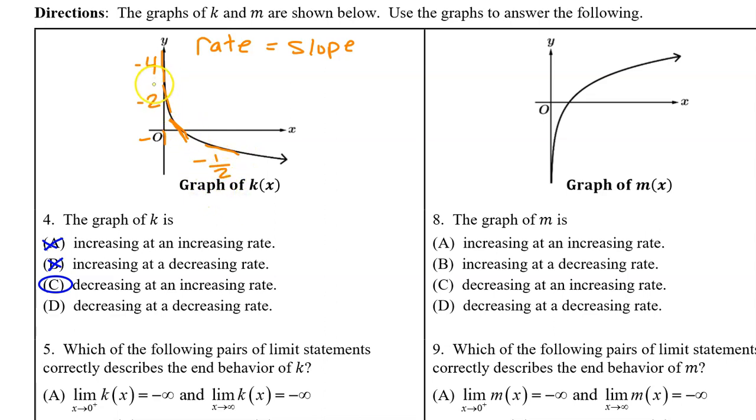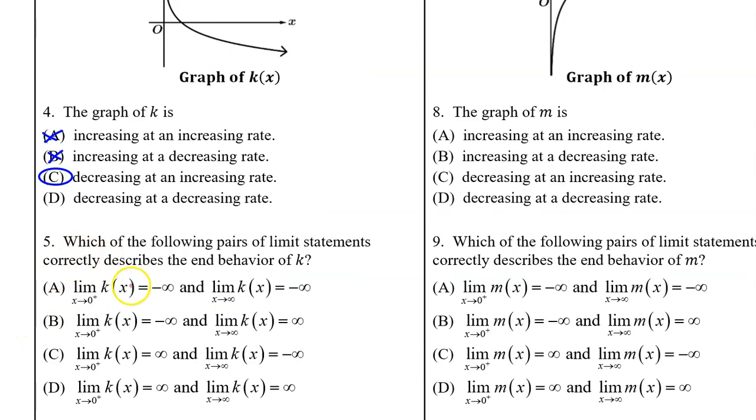So as we go from -4 to -2 to -1 to -1/2, these values are getting less negative. On a number line, we'd be going to the right. So these slopes are increasing, therefore the rate is increasing. So that's another way to realize that the answer is C.